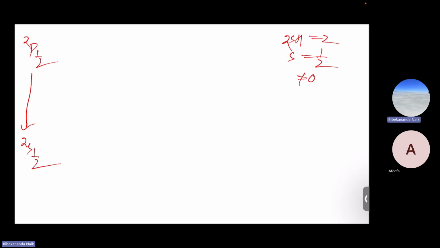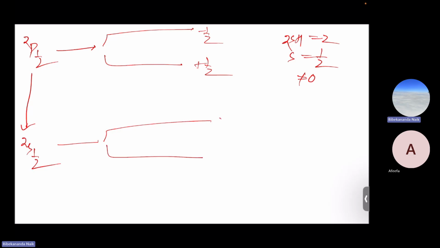In case of the anomalous Zeeman effect, we know the levels get split in terms of their mj value. Since j is half, it will be split into two levels, one is minus half, another is plus half. Similarly, this 2s1/2 also gets split into minus half and plus half.